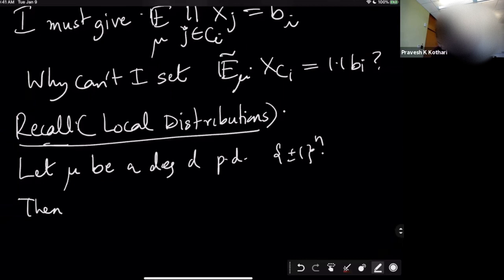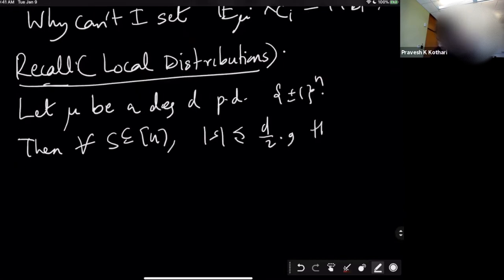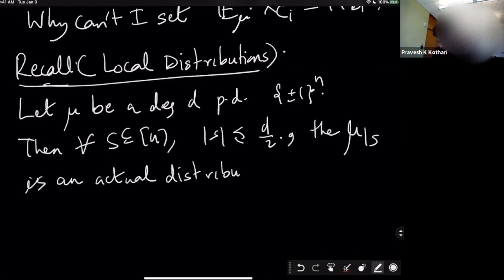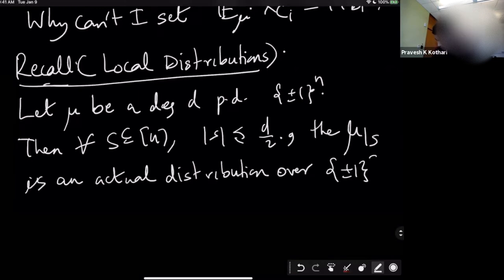Then for all sets of variables s of size at most d over 2, the marginal mu restricted to the set of variables s is in fact an actual distribution. That's what we proved the last time.